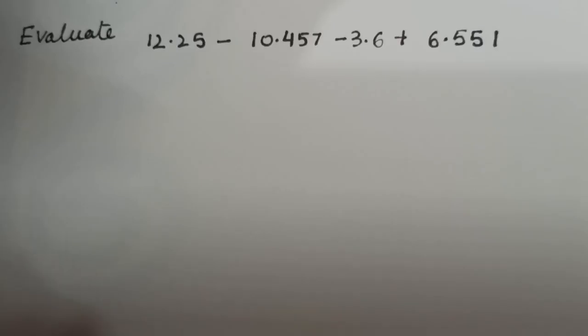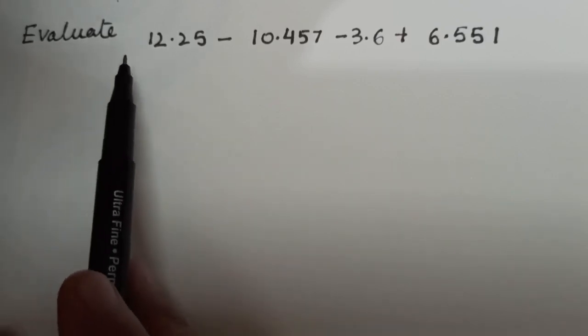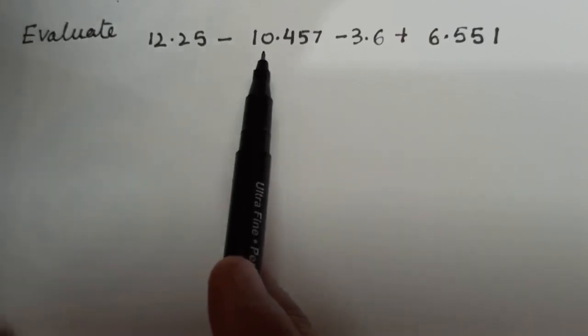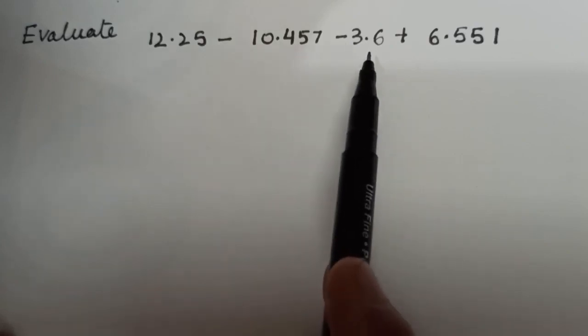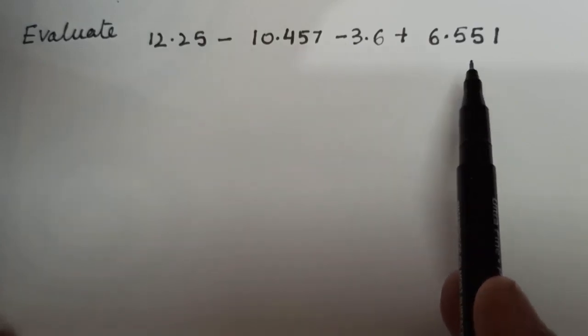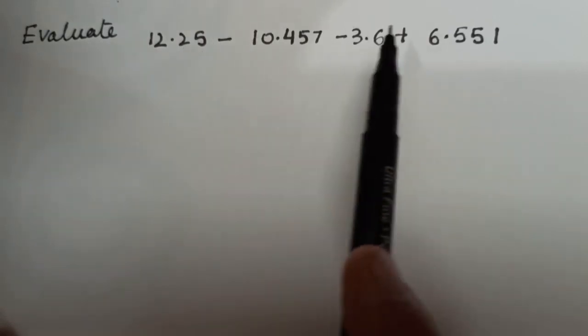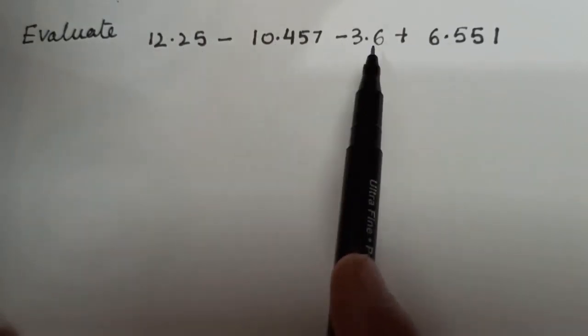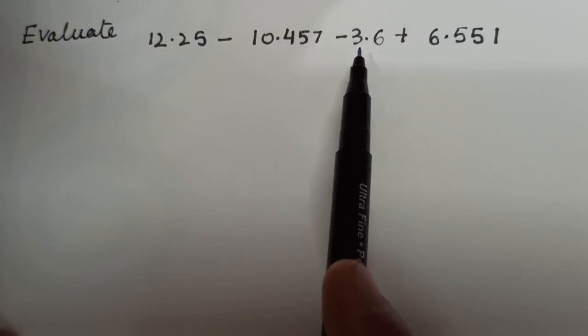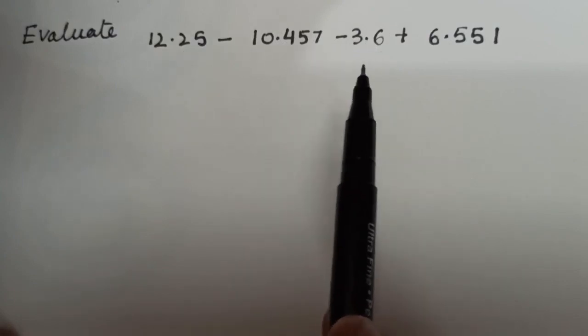Let us take an example in which we have addition and subtraction both. In this question we have to evaluate 12.25 minus 10.457 minus 3.6 plus 6.551. So here we have two numbers with positive sign and two numbers with negative sign. So we will add them accordingly.